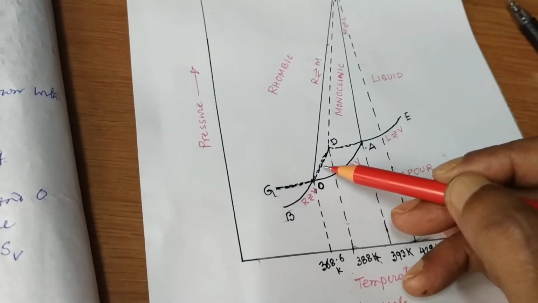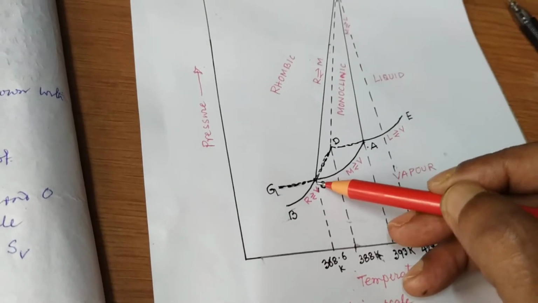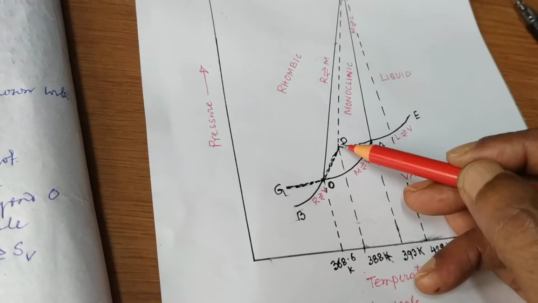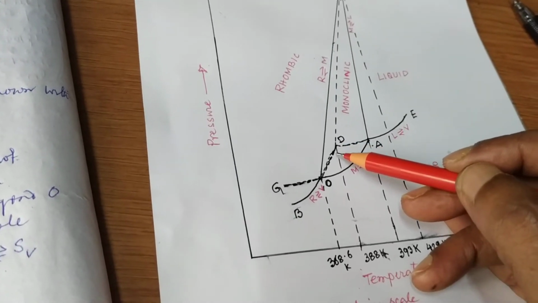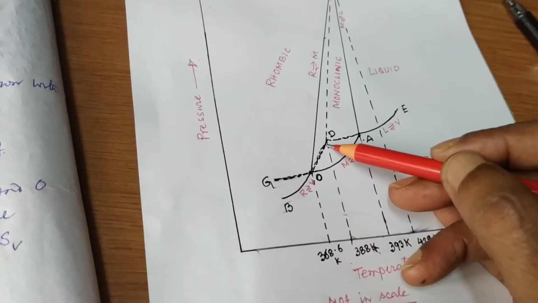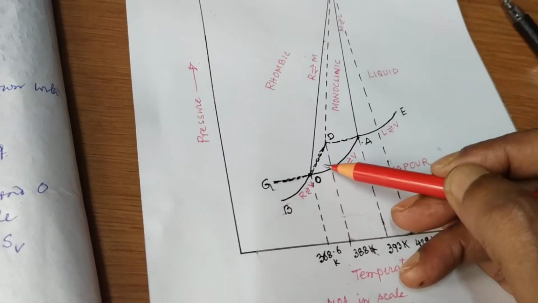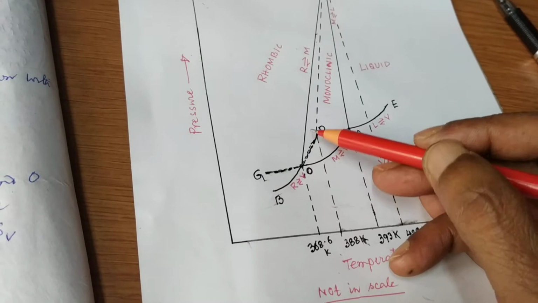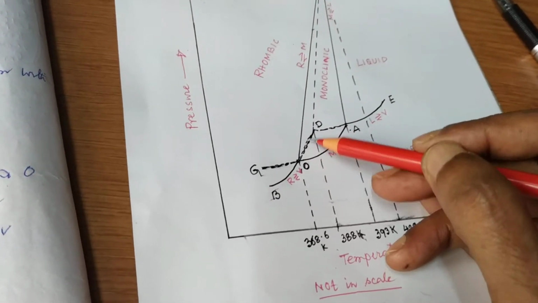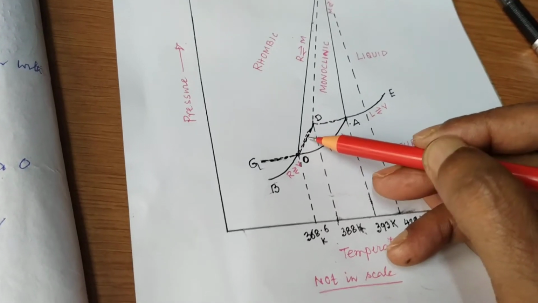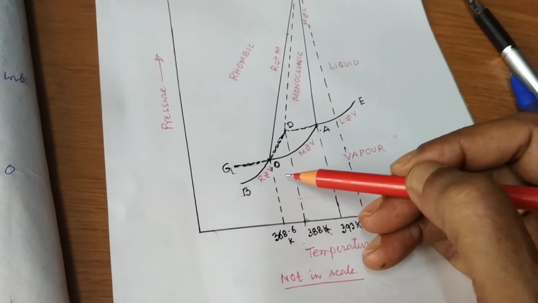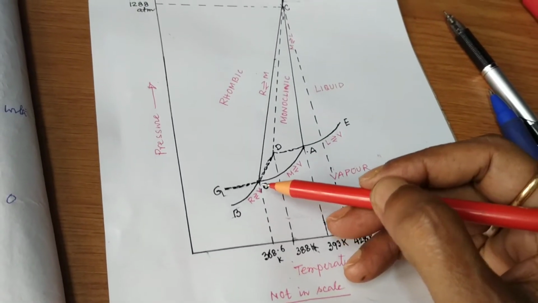The curve BO extends beyond the transition temperature, beyond O, till it reaches point D. This metastable curve represents the SR in equilibrium with SV. Again, it is monovariant.